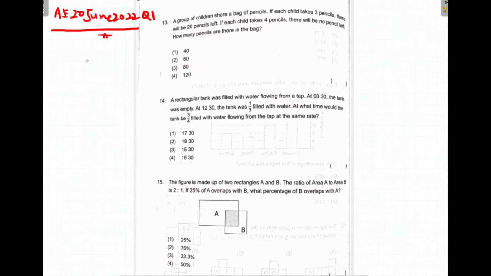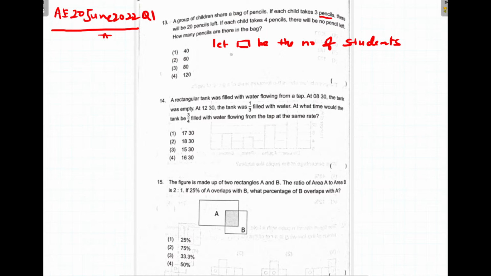So it says there's a bag of pencil. If each student take 3 pencil, there will be 20 pencil left. And if each student take 4 pencil, there will be no pencil left. So what I did is, I just let one box be the number of students. And you know the total pencil is, one student take how many pencil, right?